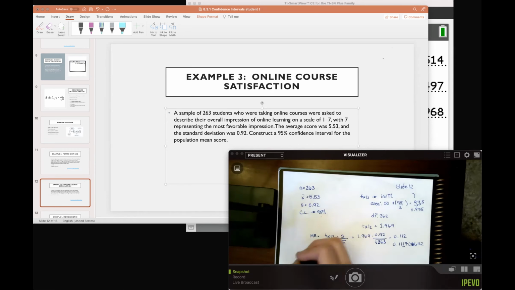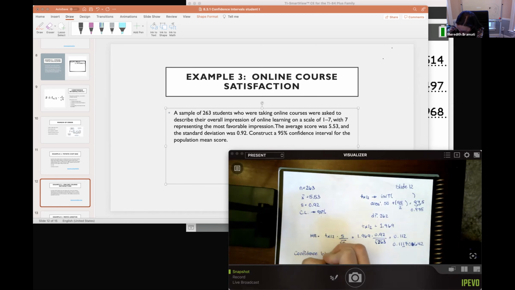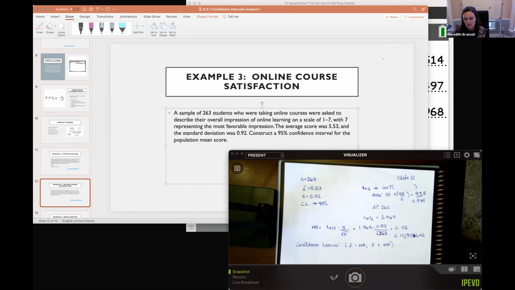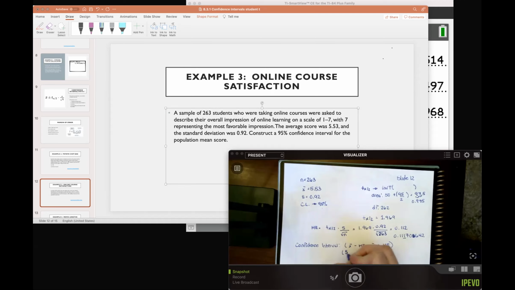Okay, so now we have the confidence interval. We take our mean minus our margin of error and our mean plus our margin of error. What was the mean in this problem? 5.53, right?